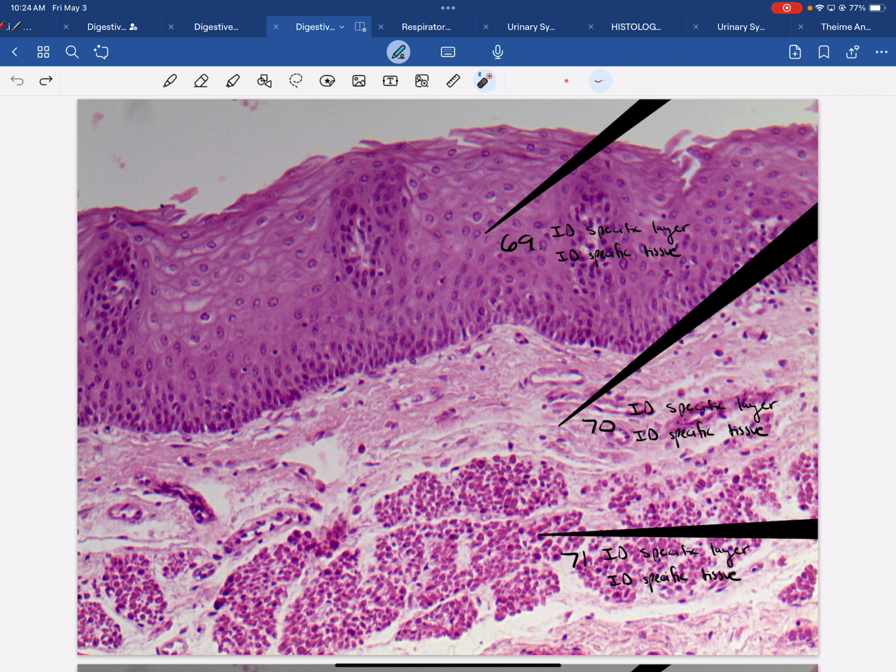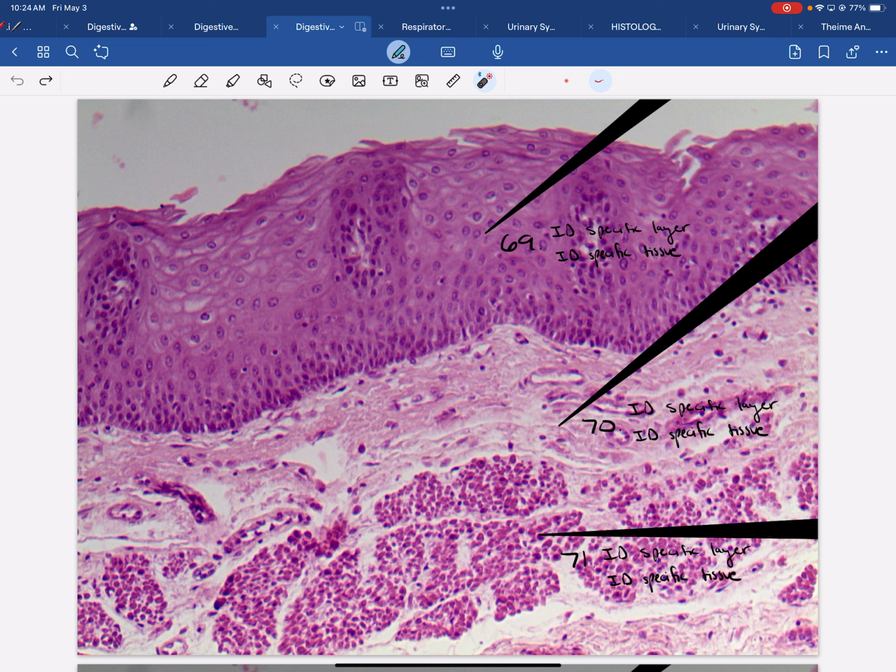And what is it made of? Does this one transition like the muscularis? That's for the muscularis externa, but not for this one. This one doesn't transition at all. Smooth muscle tissue. Good, nice.